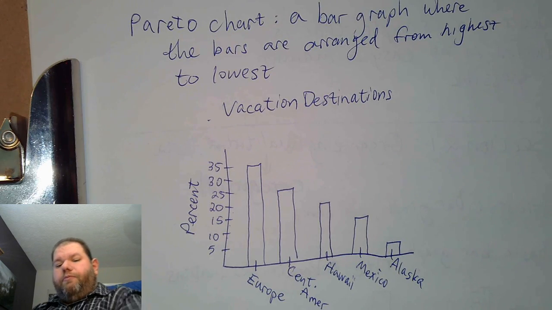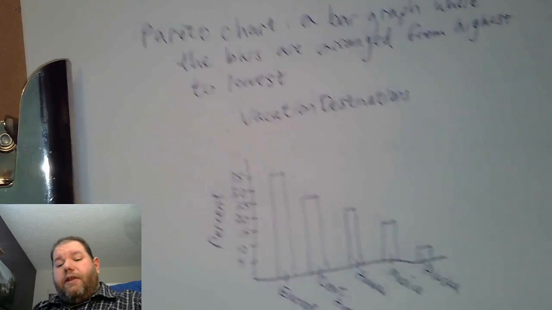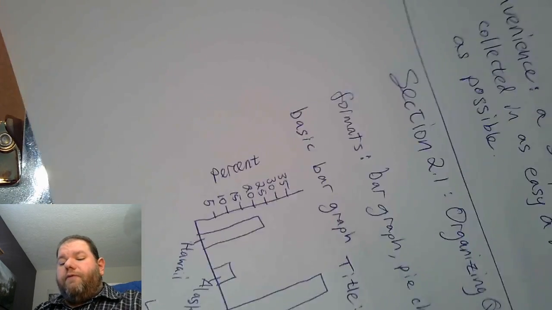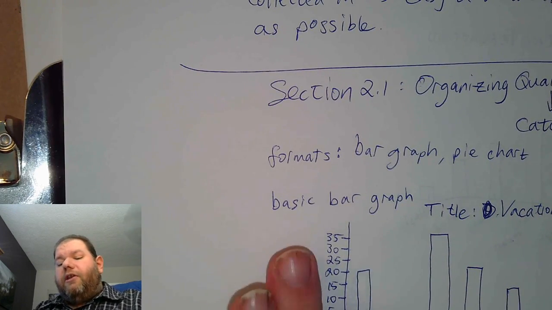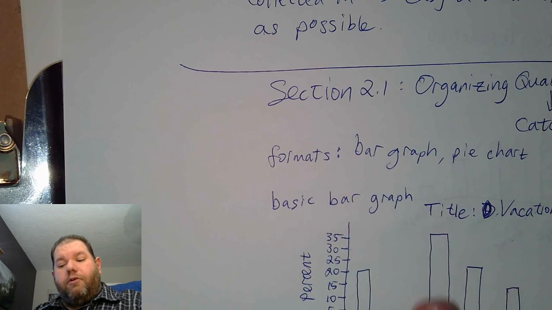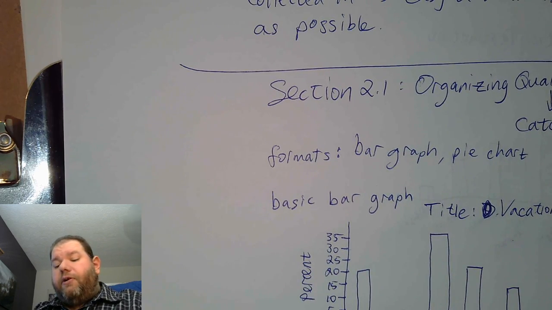Now we talked about the bar graph before. It doesn't have to be a vertical bar graph. We could actually set the bar graph up where the bars are going horizontally, and we list our percentage at the bottom. Most of the time we do tend to write our bar graphs where the bars are vertical, but it's possible that we do it horizontally, and that's acceptable as well.